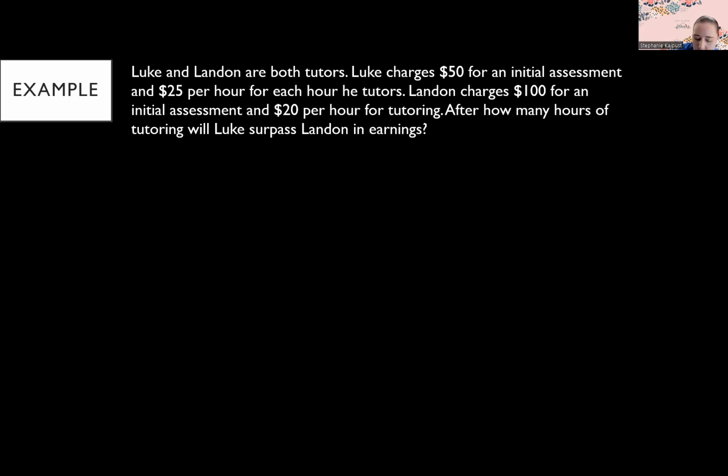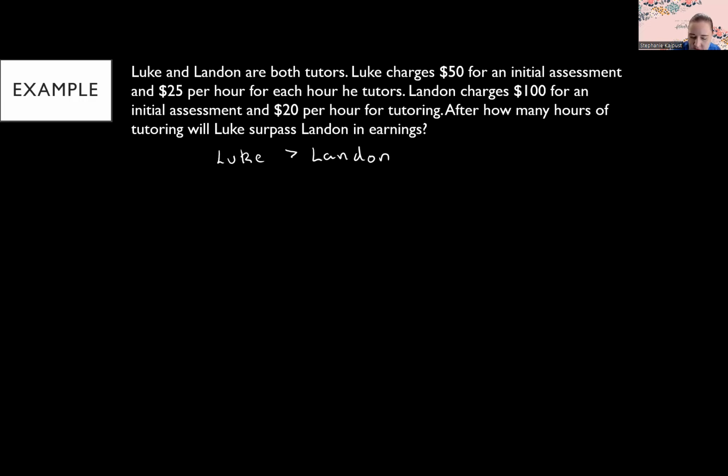So we want to know when Luke is going to be greater than Landon. So that's how we're initially setting up the inequality. On the left, we write an expression for how Luke is getting paid, and then on the right, we write what it is for Landon, and then you're solving for the number of hours.